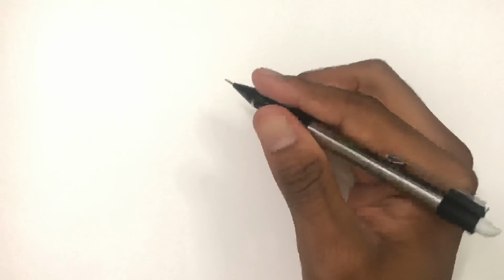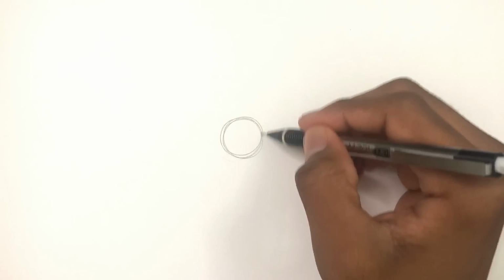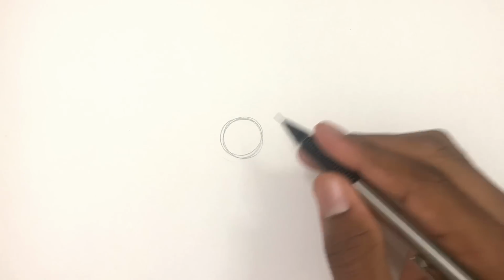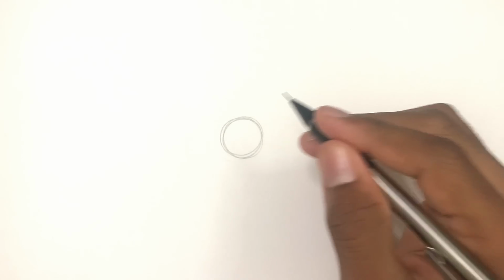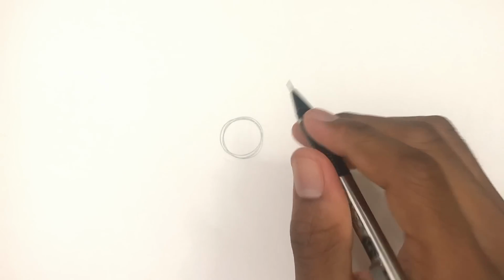Let's get started. All right, so the first step to drawing any kind of nose shape is to get down a general base, okay? What I'm gonna do right now is start off by drawing a circular shape. Now, this shape can depend on the kind of nose you're trying to get, but the most common way to start is with this part.